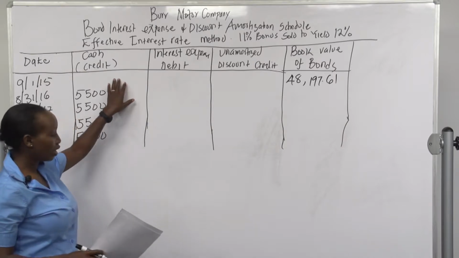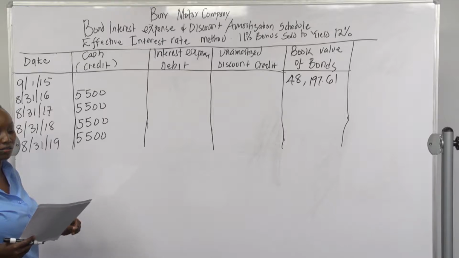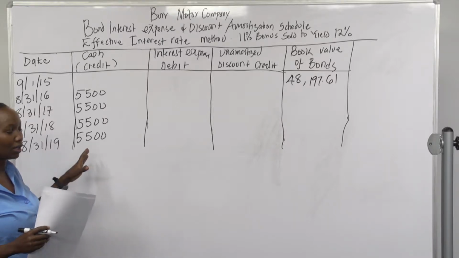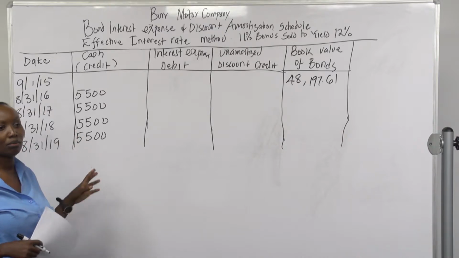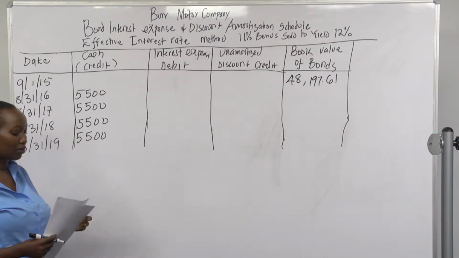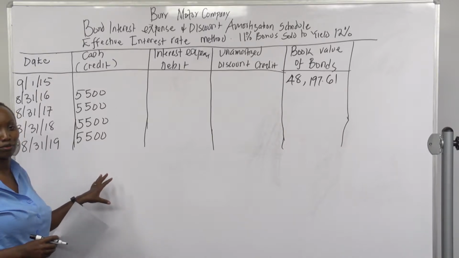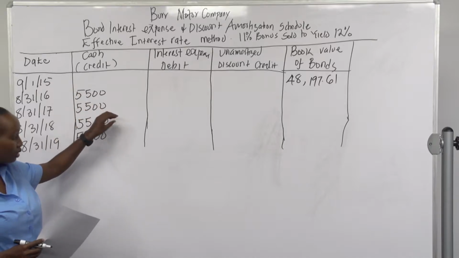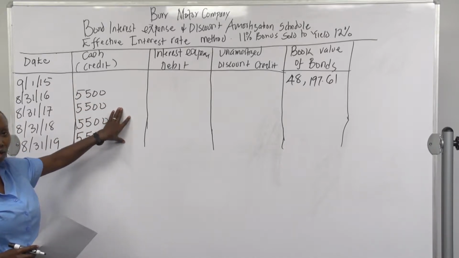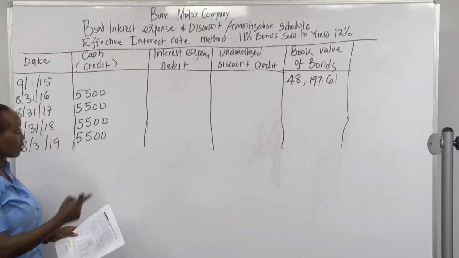For the cash payment every month, in chapter 14, we're dealing with the bond from the borrower's perspective. So the cash that we are paying out will be the stated rate on the interest.